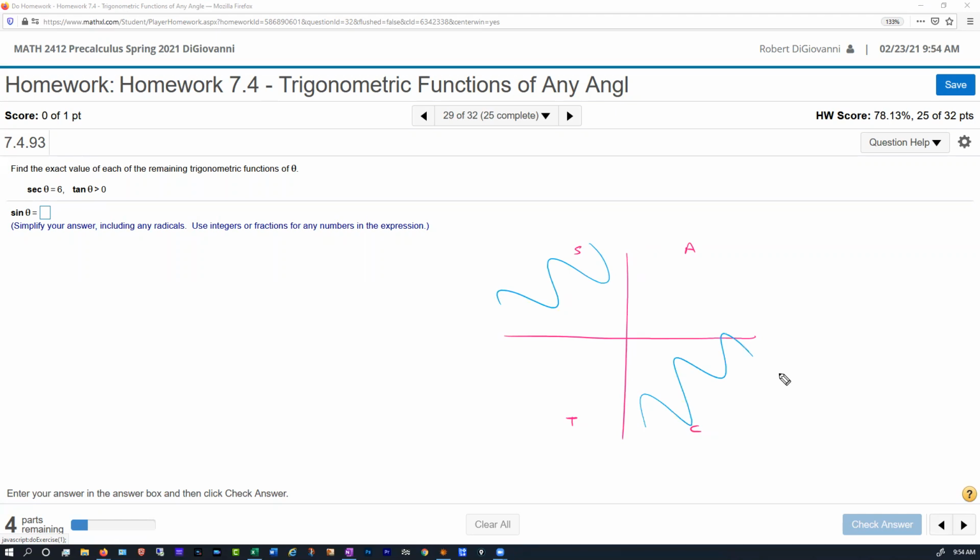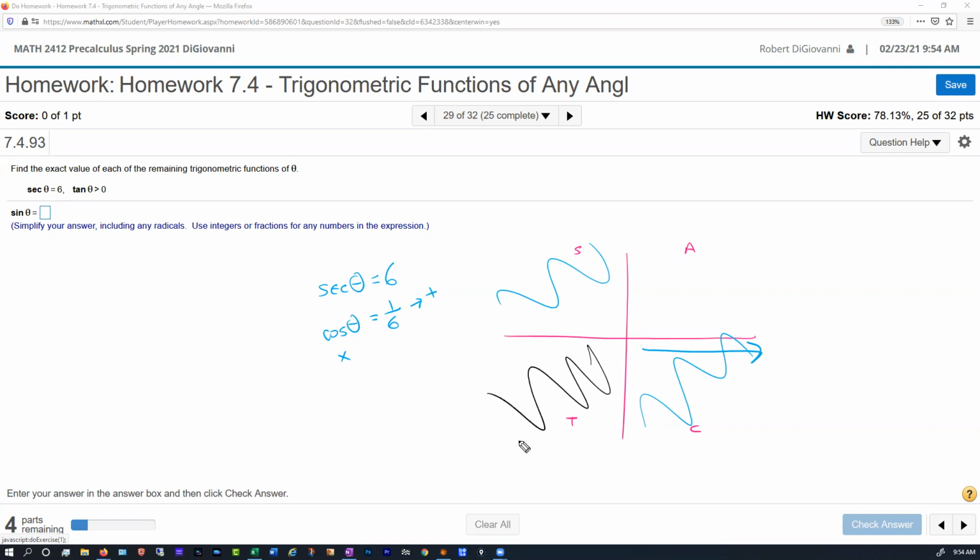And remember, cosine is the x coordinate. So secant of theta being 6 means that cosine of theta has to be the reciprocal, but this is a positive number. And since that's the x coordinate, it means that we have to move this way. That means we cannot be in this quadrant, so we have to be in the first quadrant.